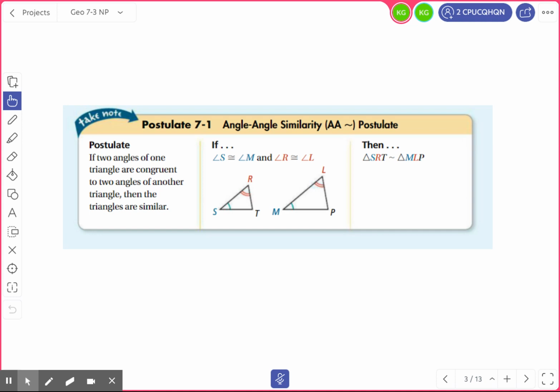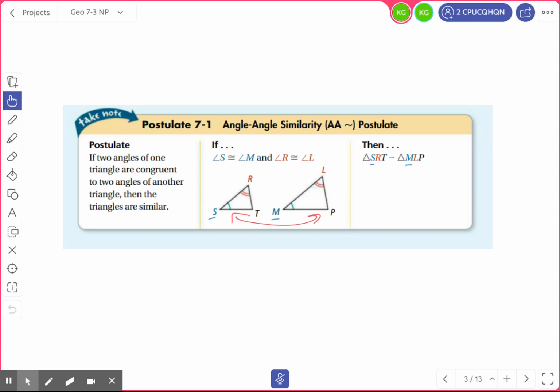So this first postulate is showing that we really only need to know that 2 angles are congruent. So if you see 2 triangles and you can show that 2 angles are congruent, then you know those triangles are similar. And now pay careful attention to the colors here.